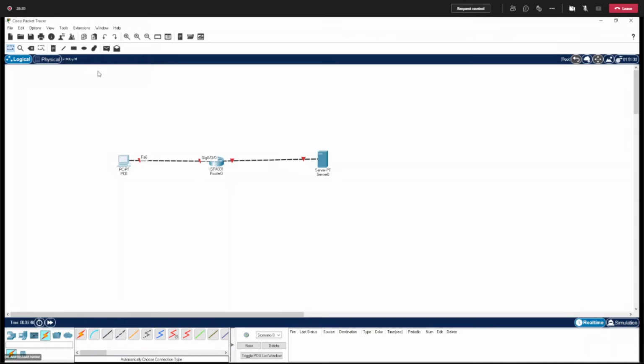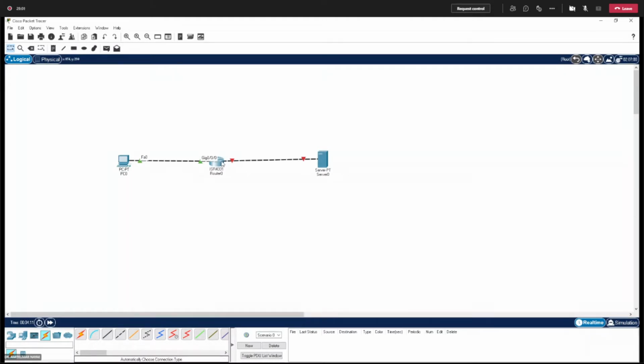Let me assign the IP address to this router now. So gigabit Ethernet 0/0/0, it is the left interface of router. So let me assign the IP address to the left interface of router, and it is 192.168.1.1, the gateway address which we have configured.